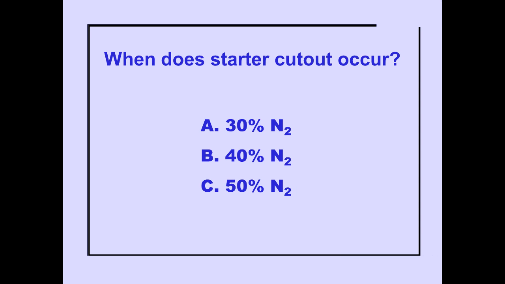Question. Answer C is correct. At 50% N2 RPM, the start switch returns to the in position, closing the start valve.